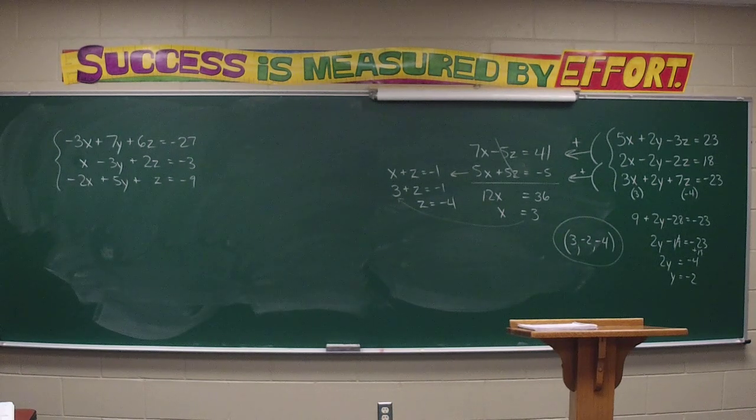Tell you what, Michael, you two were both done with 5? What letter did you get rid of? I got rid of X. X, both of you. Perfect. Good choice. All right.